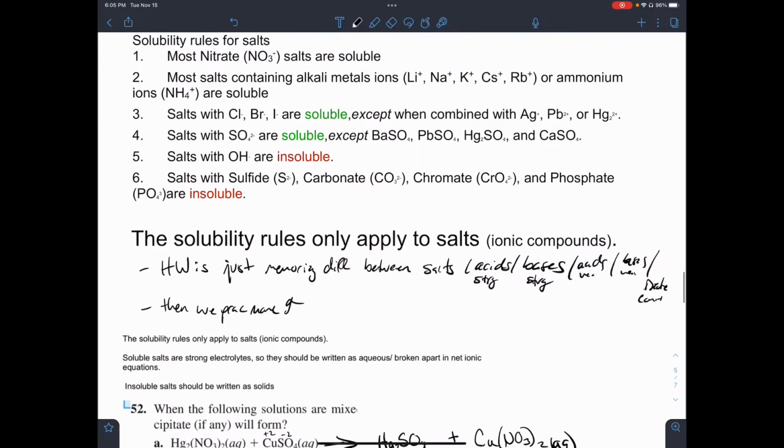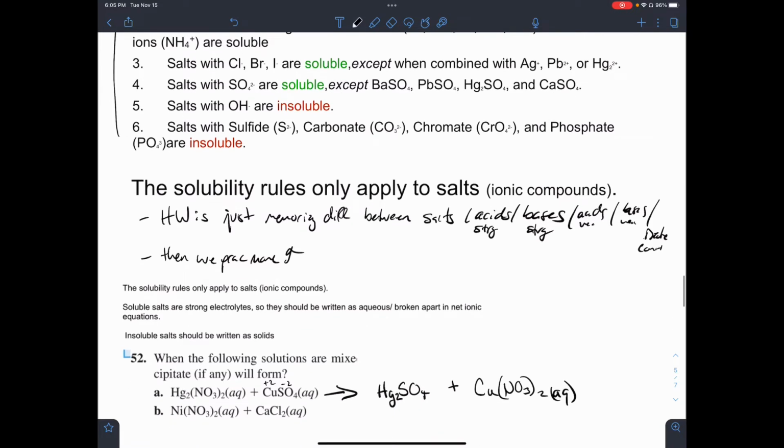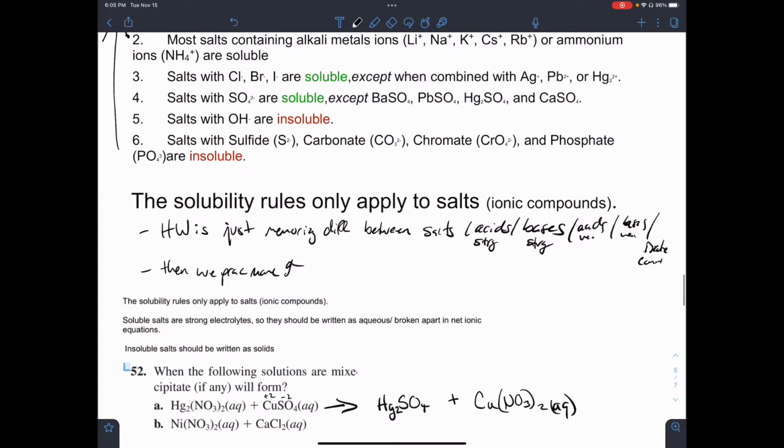Now, these rules, the ones at the top are the best predictors, meaning if you find a conflict between rule number 1 and one of the later rules, you'll go with rule number 1. Rule number 1 trumps rule number 2, trumps rule number 3, and so forth. So since it has nitrate, I don't have to check any other rule. That is enough because it's rule number 1 and it's very important.